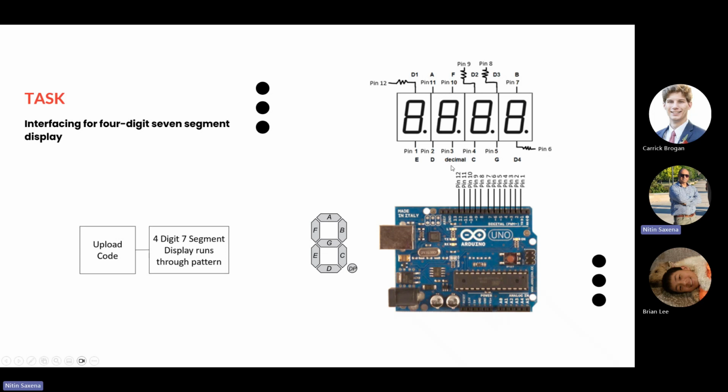And this decimal point will go to pin 3. In this way, we can connect our Arduino board to this 7-segment display.